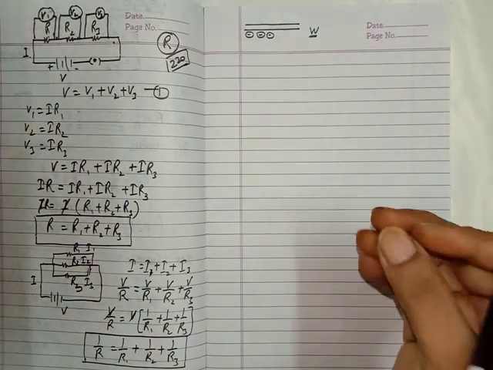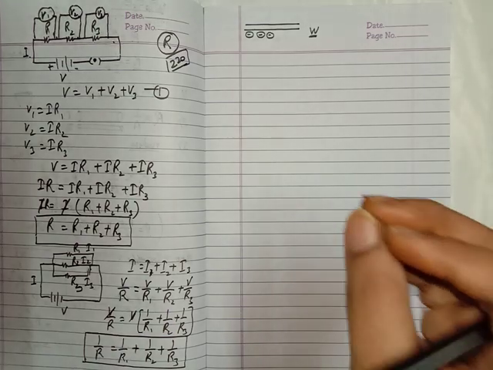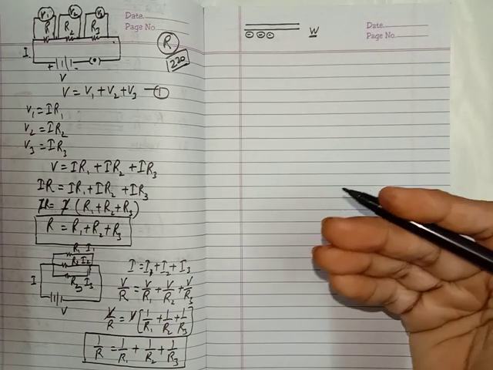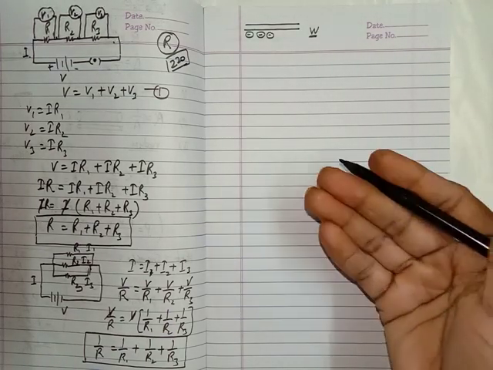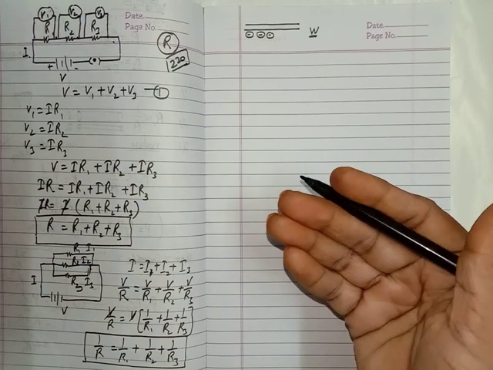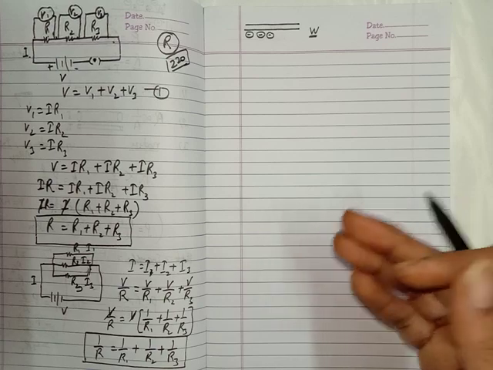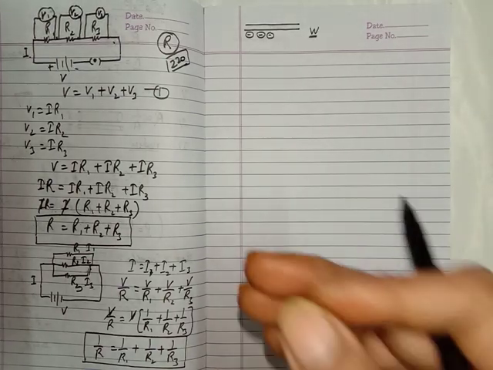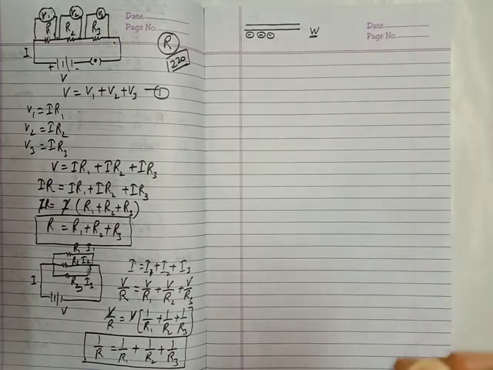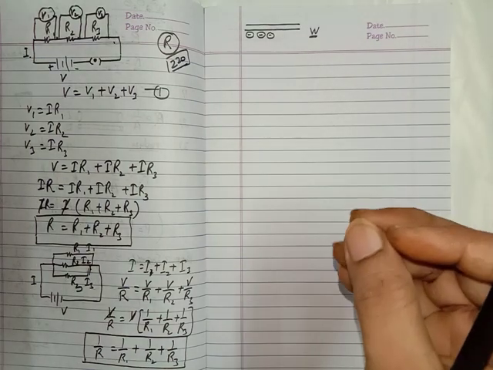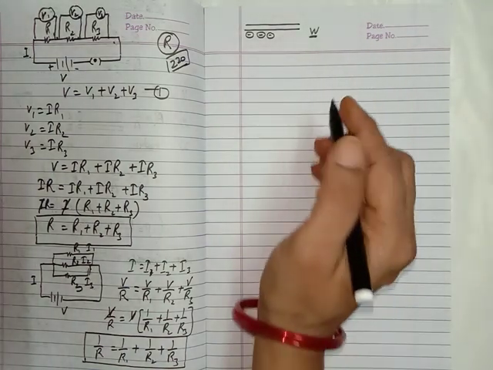Tungsten wire has a very high resistance, so due to this high resistance, it can produce heat. The nichrome is also an alloy. The nichrome wire has high resistance, so due to this high resistance it can produce heat.